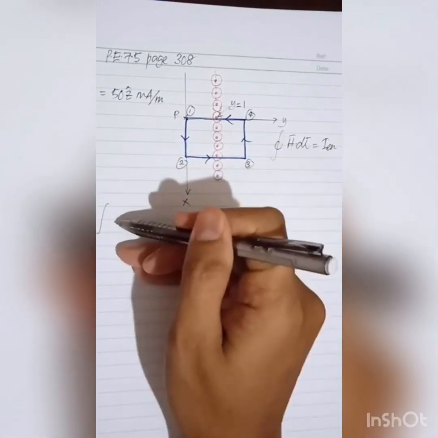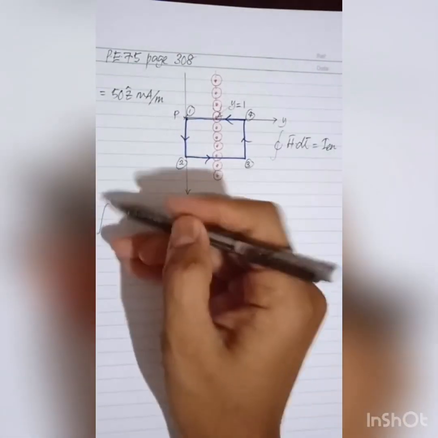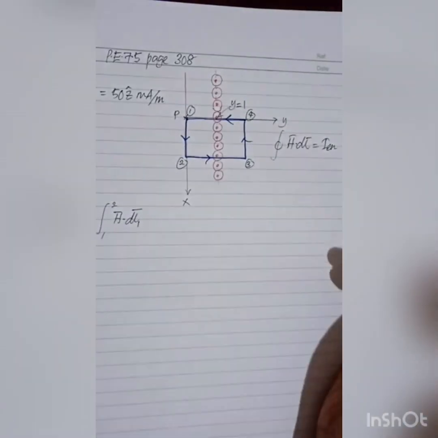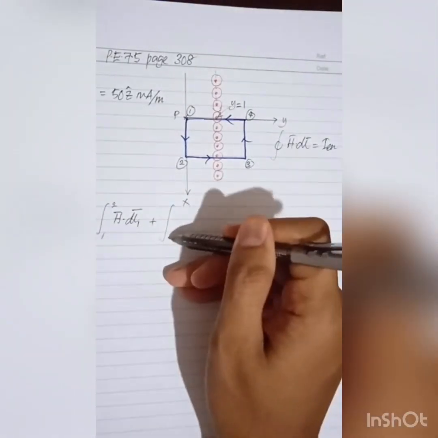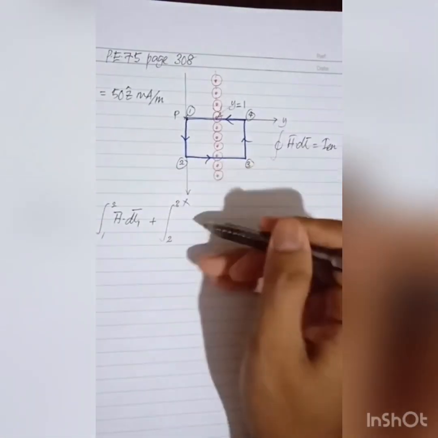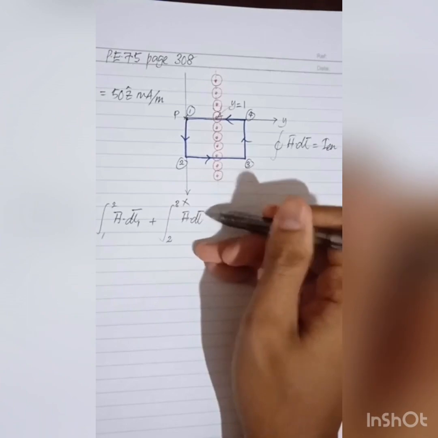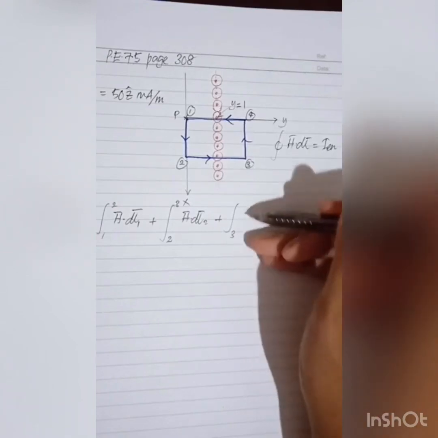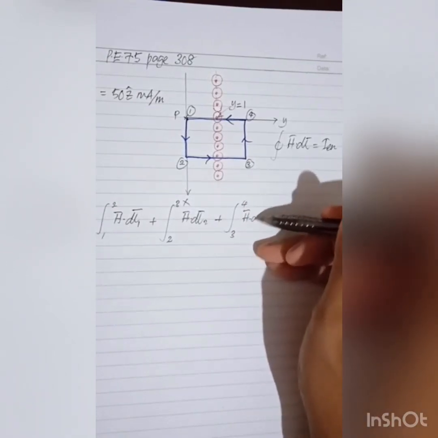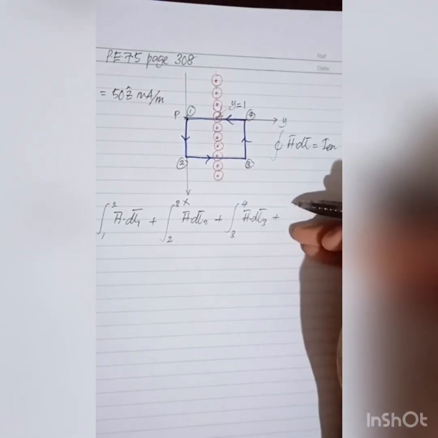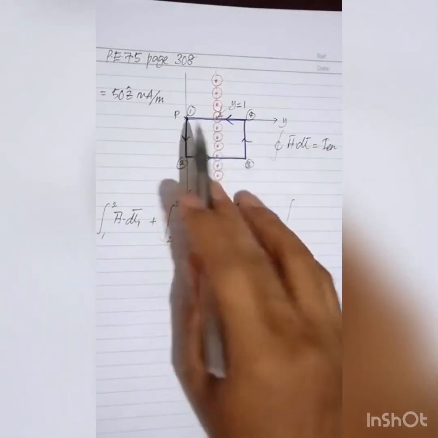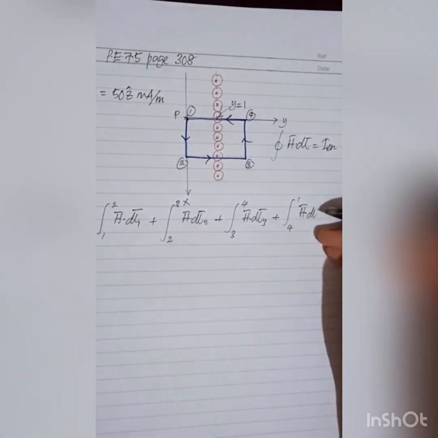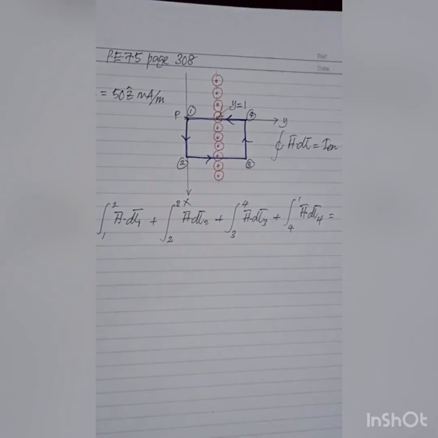The first integration for the first path 1 to 2, the H dot dl number 1, plus the second path 2 to 3, again H dot dl number 2, and then the third path from 3 to 4, H dot dl number 3, plus the last from 4 to 1 back to the origin, H dot dl number 4, and lastly equal to the I enclosed.